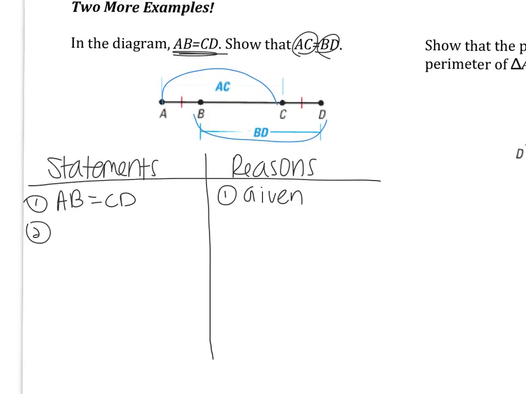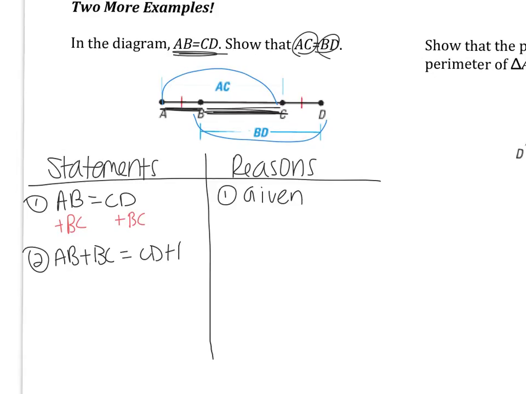So I notice if I take AB and I add BC, I'm going to get AC. So right now, with the statement that I have, I'm going to add BC to both sides. So I'm going to get AB plus BC equals CD plus BC.